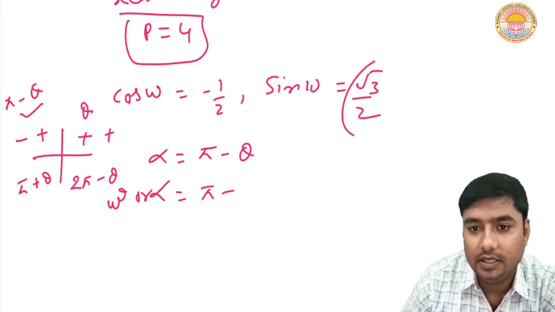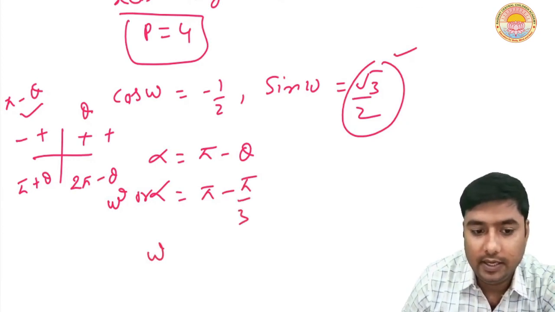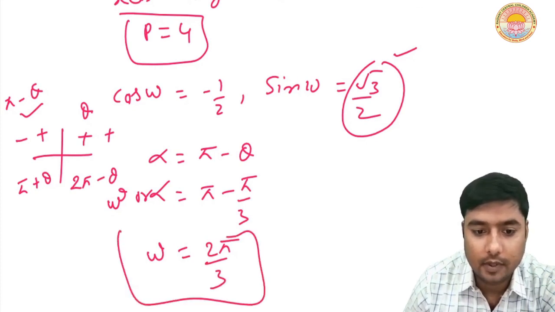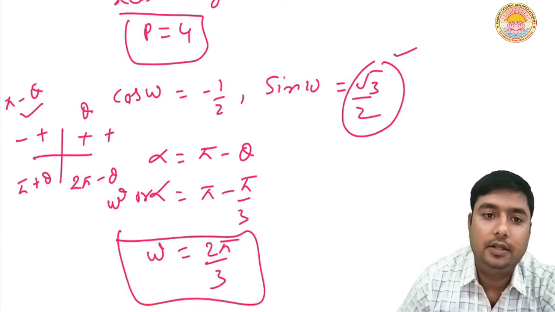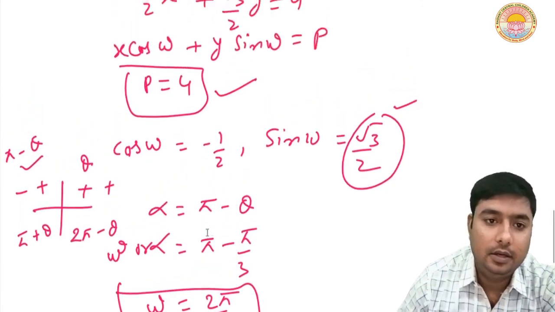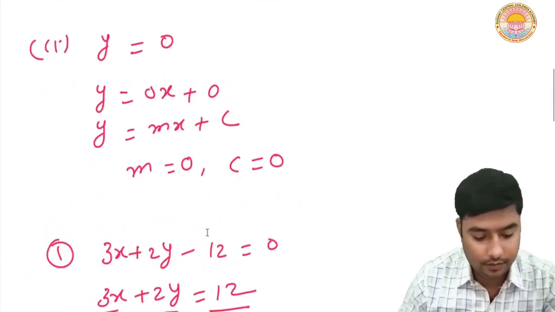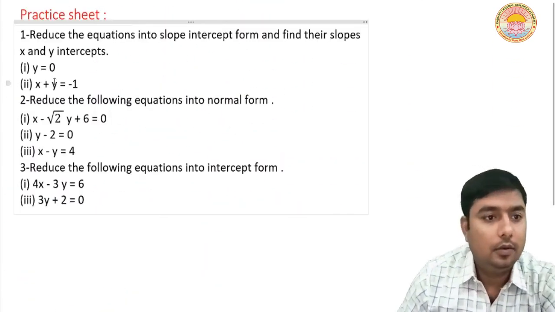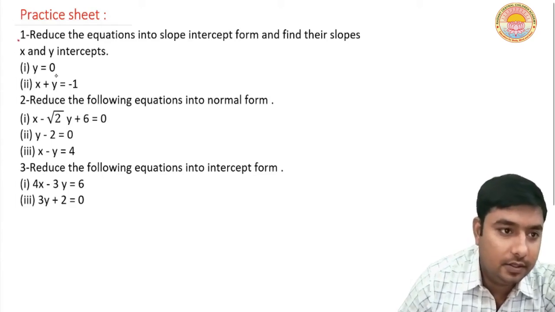Theta means 60 degree. 60 degree means pi by 3. We can write here omega equals to 2 pi by 3. This is the angle and this is the perpendicular distance. Okay, solve these questions on the basis of examples. Thank you.